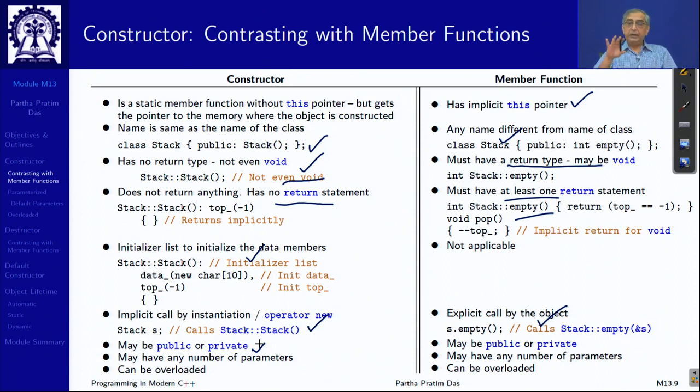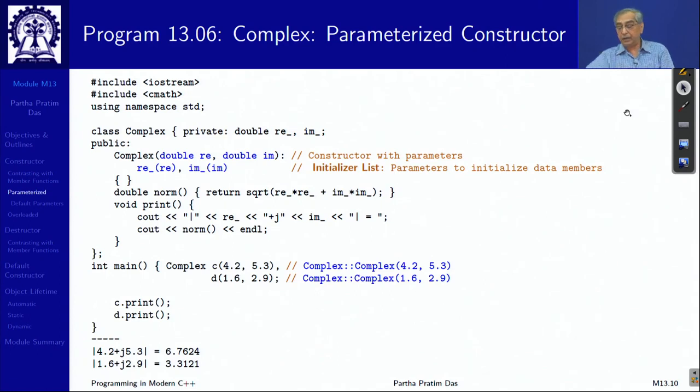Typically, in the initial part, we will always have constructors which are public, but they can be private also. Member functions can be public or private. Both can have any number of parameters, and both can be overloaded. We will see these things slowly. So this is the basic; I just wanted to outline the differences between a common member function and the constructor.